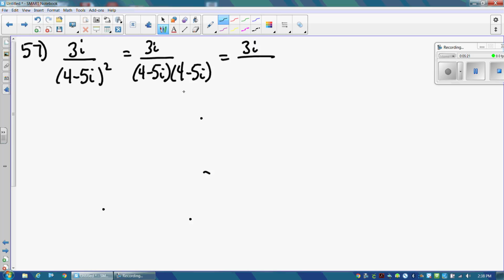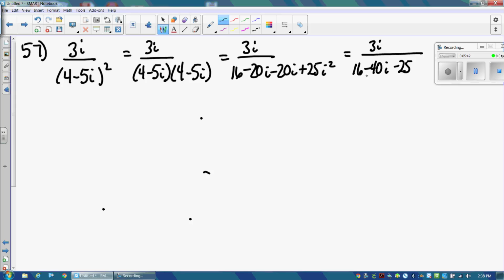And on the bottom I get 4 times 4, which is 16, minus 20i, minus 20i, plus 25i squared, which is 3i over 16 minus 40i minus 25, which is 3i over, let's see, 16 minus 25 is negative 9 minus 40i. So that's what this problem looks like when I've squared the denominator.